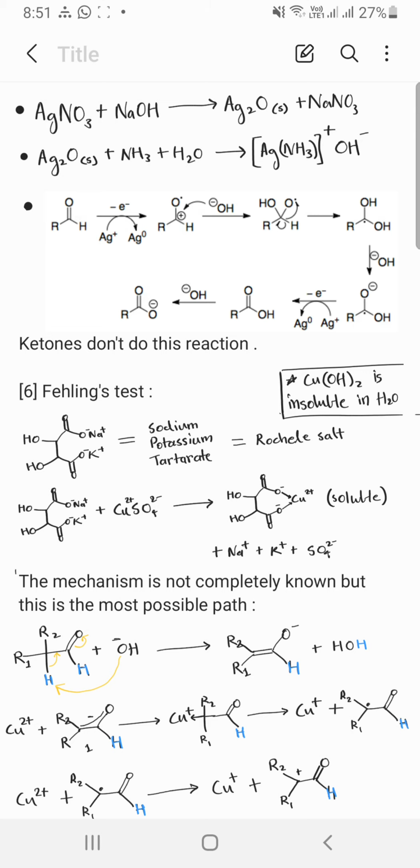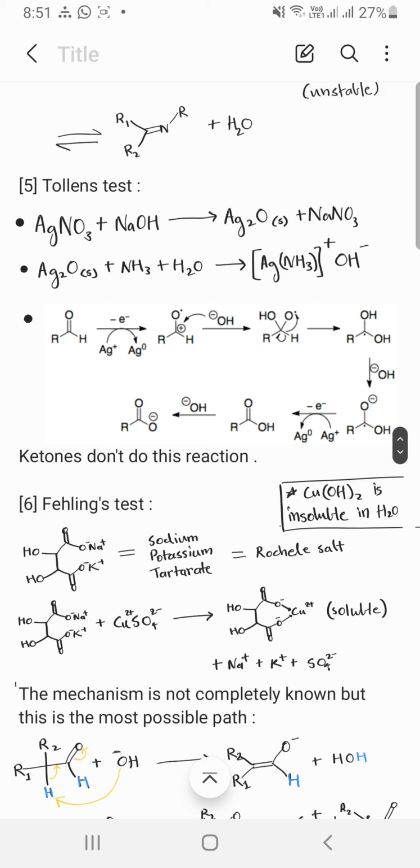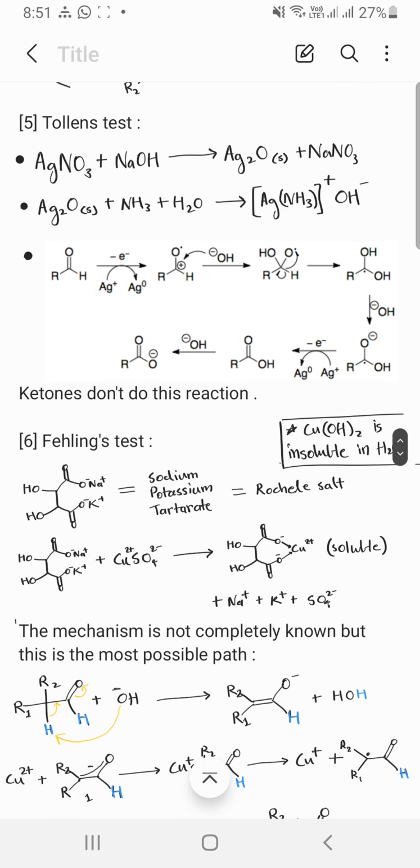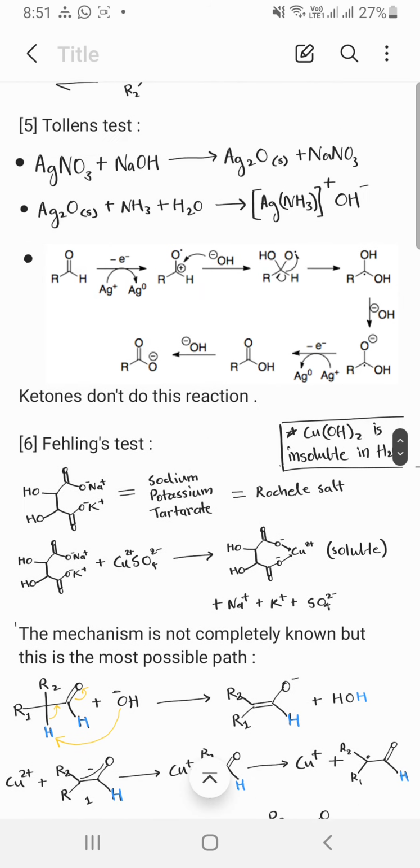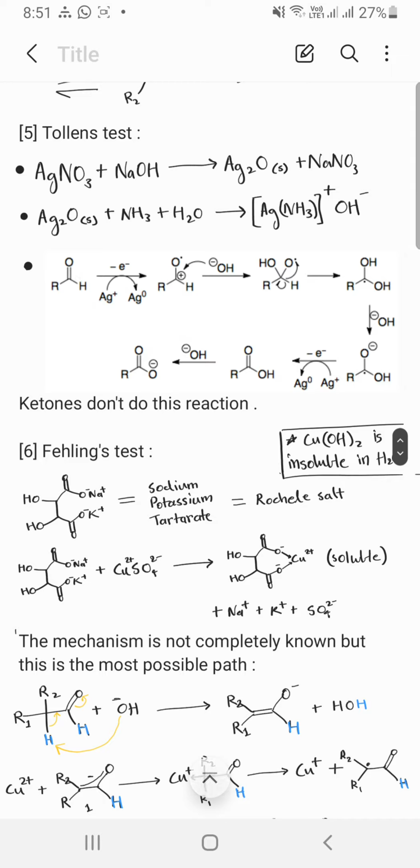What am I talking about? Obviously they won't. They won't do it because you need that hydrogen over there. It's in the mechanism itself. I can't just overlook the mechanism. It is important in these tests. Tollens test and Fehling's test mechanisms are very important. Okay, let's go to the mechanism.